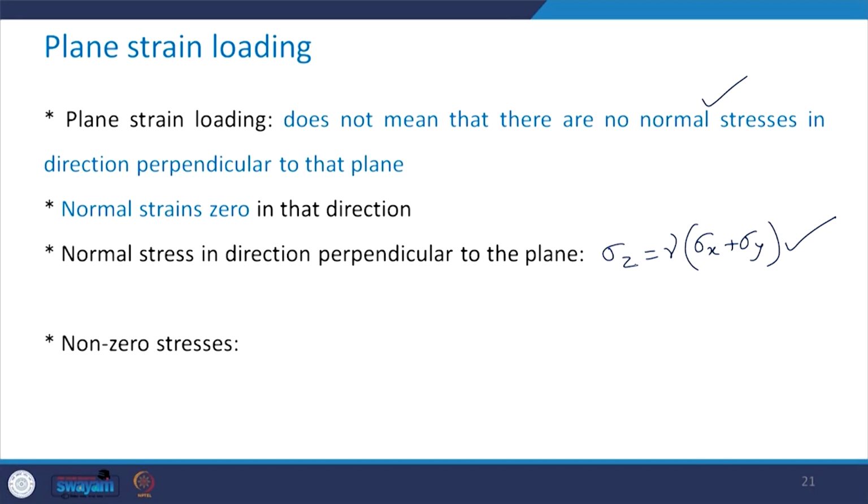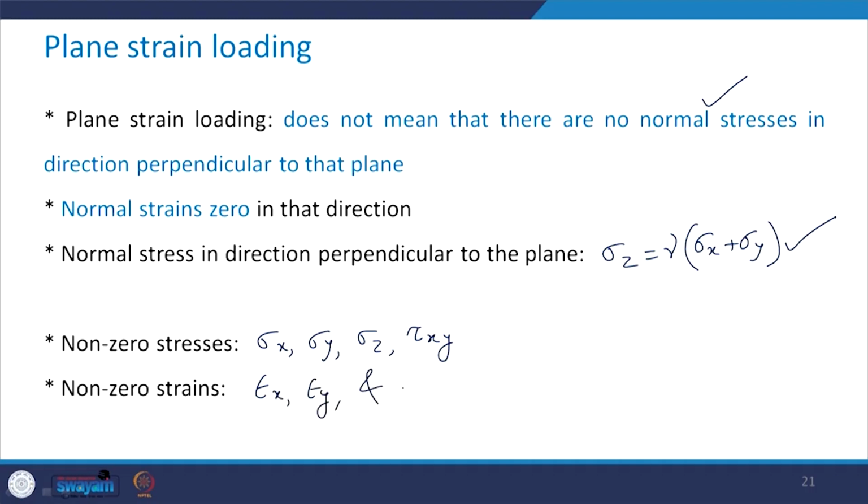And therefore, in case of plane strain loading, you will have the non-zero stresses as sigma x, sigma y, sigma z and tau xy, and you will have the non-zero strains as epsilon x, epsilon y and gamma xy.